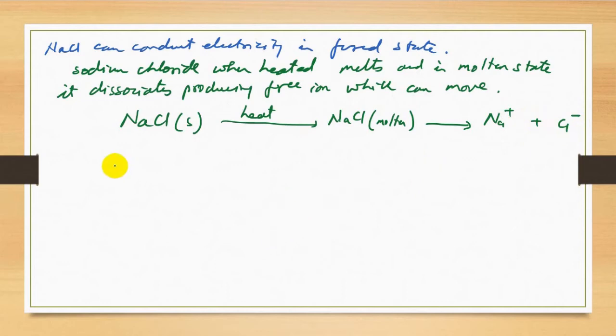Okay, so these free mobile ions are the ones which conduct electricity.